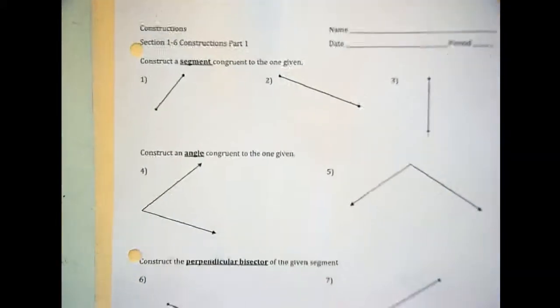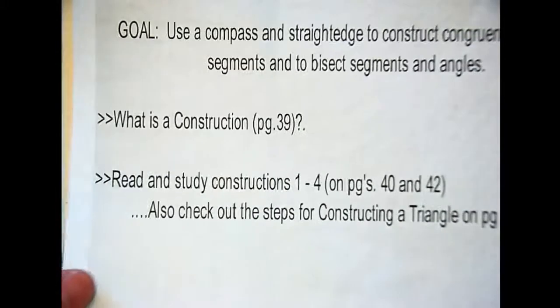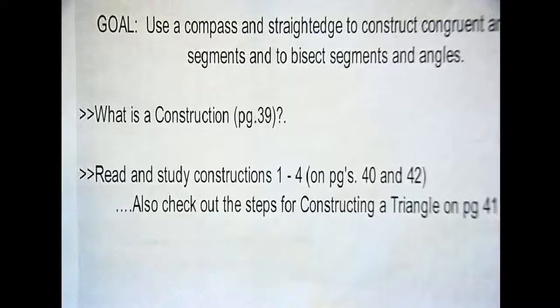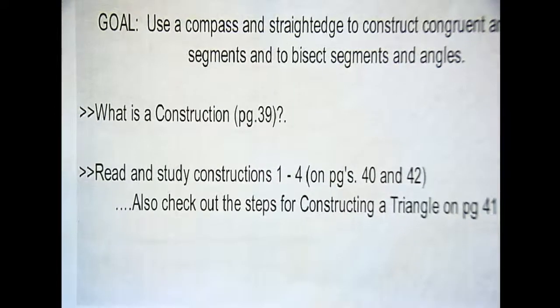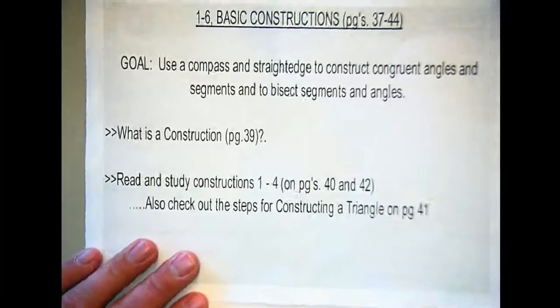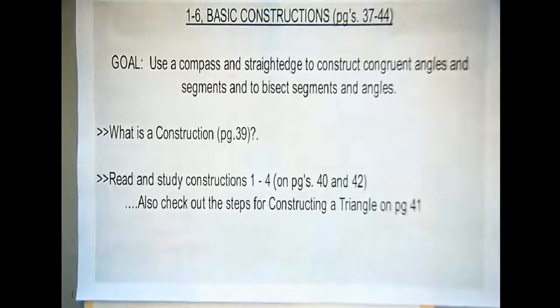That's our goal. These items are also in your textbook. So at the top of that sheet you may want to write down pages 40 and 42, those are in your textbook. You don't have to do a straight-out note page. If you want to turn to the back of the sheet that I gave you, where you're going to do your constructions, and write some of this down, that may be helpful.